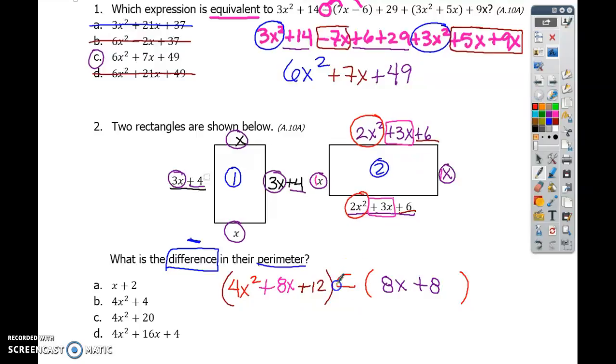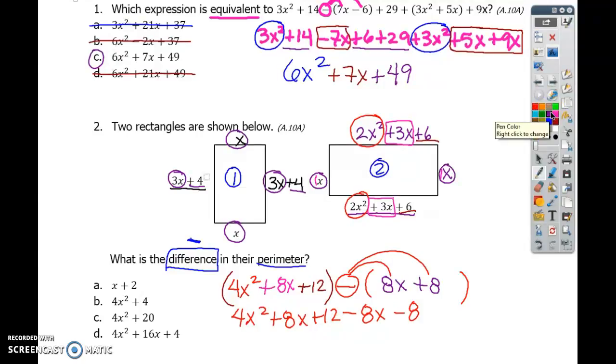We need to distribute the negative here and here. So it gives you negative 8x and negative 8. Bring everything down. 4x squared plus 8x plus 12. So the 4x squared stays because there's nothing to subtract or add to.